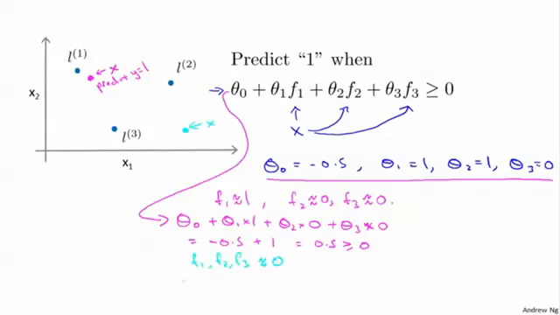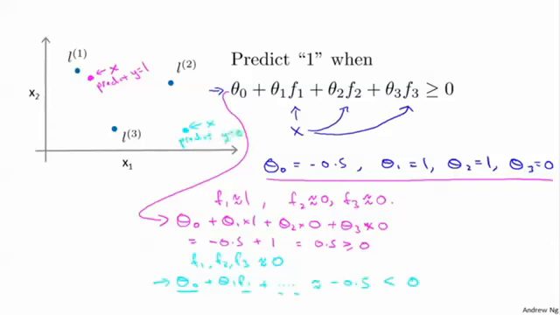And so we have theta 0 plus theta 1 F1 plus so on, which will be about equal to minus 0.5, because theta 0 is minus 0.5 and F1, F2, F3 are all 0. So this will be minus 0.5, which is less than 0. And so at this point out there, we're going to predict y equals 0.